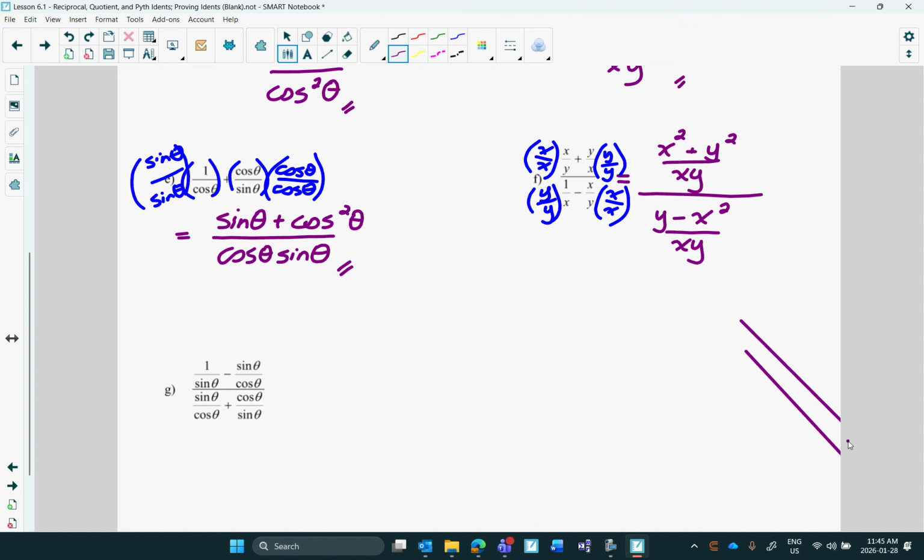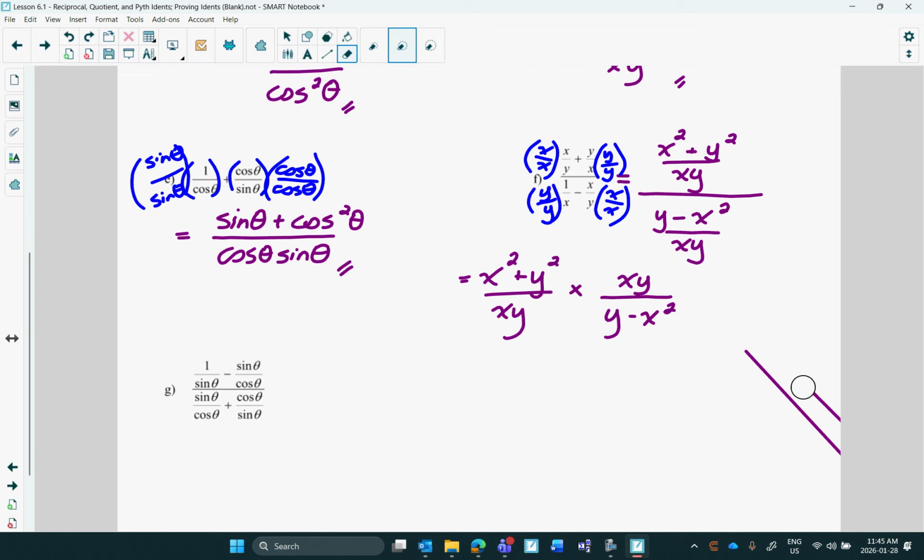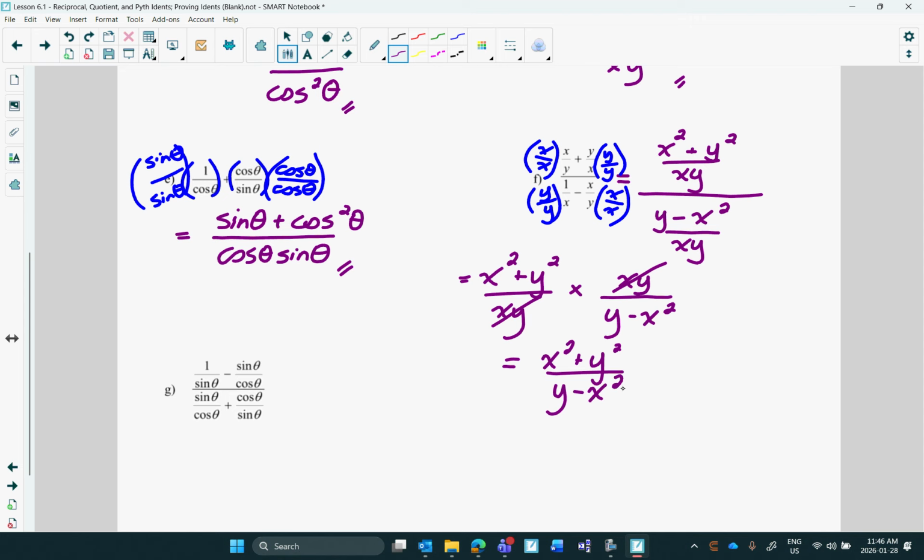So I've got this fraction divided by this fraction, which is equivalent to this fraction times the flip or reciprocal of this one. What would you do now? Cancel the xy's and then just put what remains into a single fraction. And we're done.